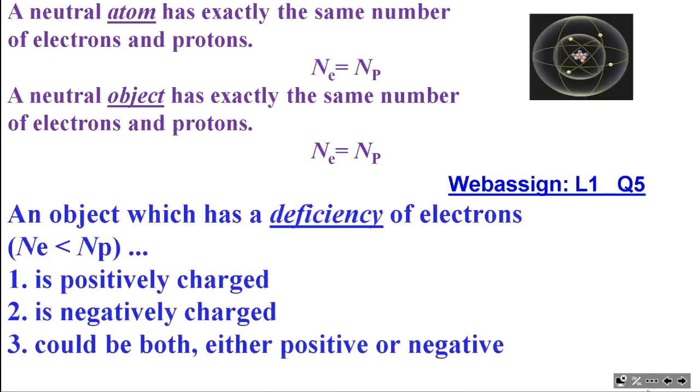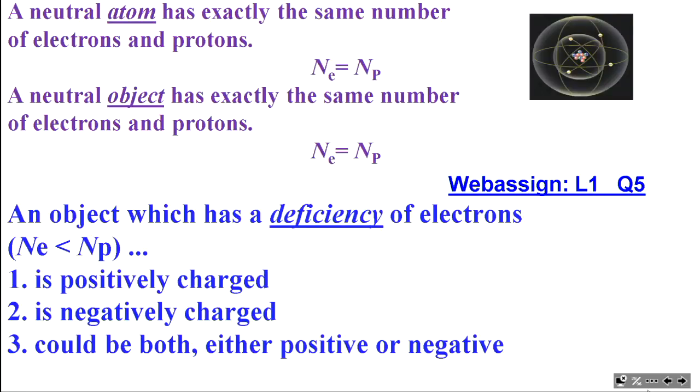So what can you say about the charge of this object? And of course, if it is a charge, the possible answers are it's positive, it's negative, or it's zero. Only three options. If it has a deficiency of electrons, the charge just can't be zero, so it has to be positive or negative.